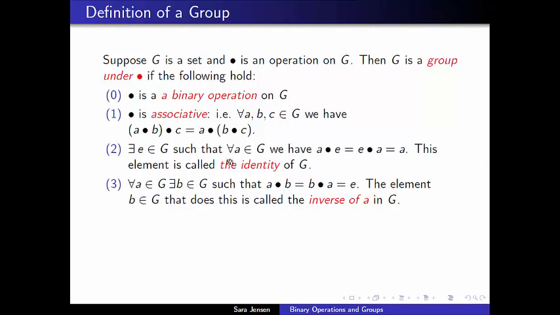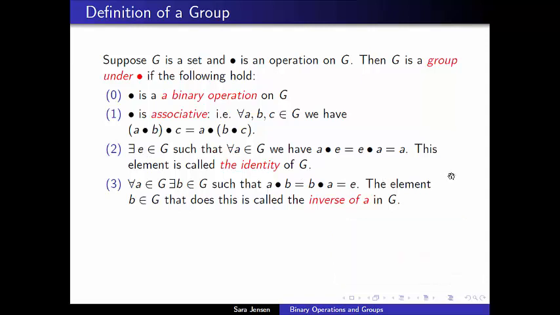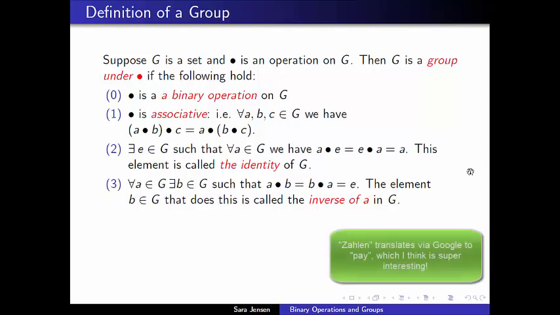But the real reason that we use E to represent the identity here is because the German word for identity starts with an E, and group theory was born in Germany. Many of the words we use in group theory come from the German language. The same is true actually about why we use the letter Z to represent the integers. It's not for Z integers, it's because Z represents Zahlen, which is the word in German that is used to denote the integers.